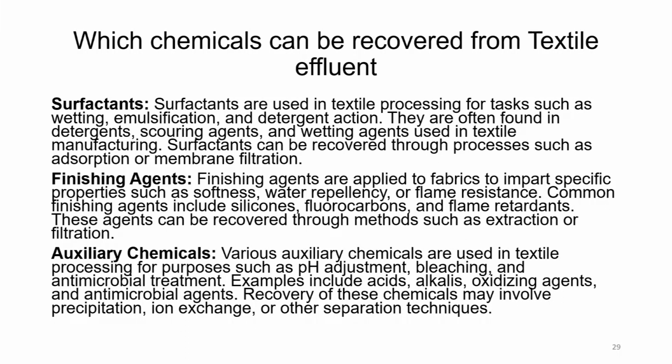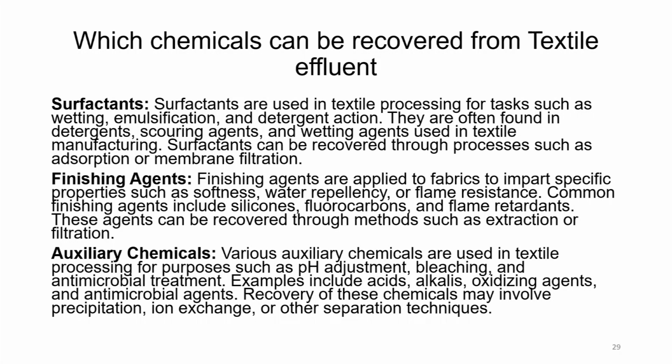Finishing agent. Finishing agents are applied to fabric to impart specific properties such as softness, water repellency or flame resistance. Common finishing agents include silicones, fluorocarbons and flame retardants. These agents also can be recovered through extraction and filtration.